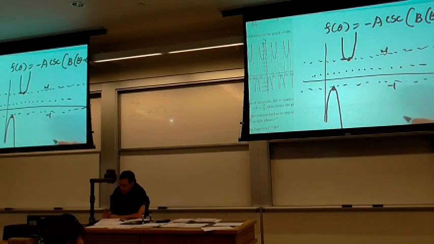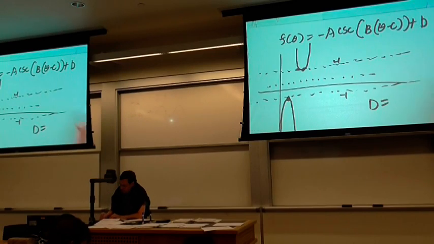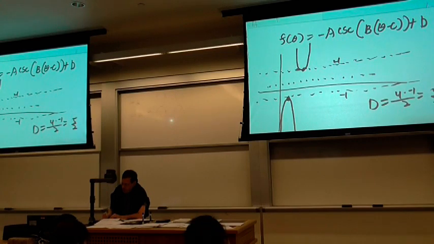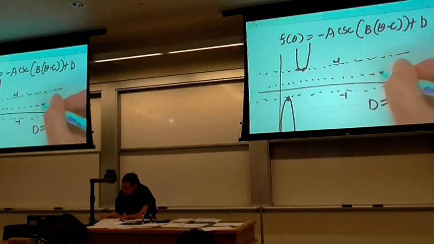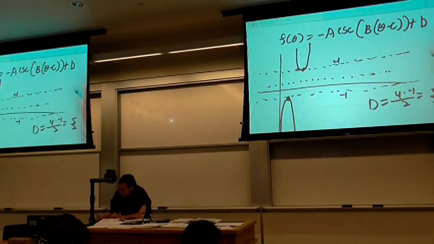So the midline is then going to be, the D is going to be 4 minus -1, over 2, which is going to be 5/2. Did I do that wrong when I was showing it to you? I think I may have subtracted. Anyway, so there's my midline, there's my D value.